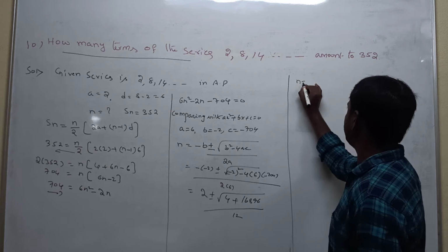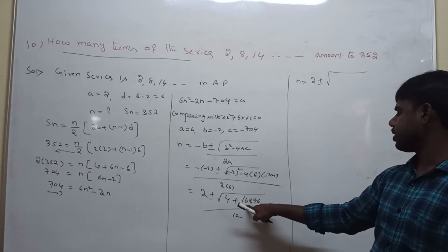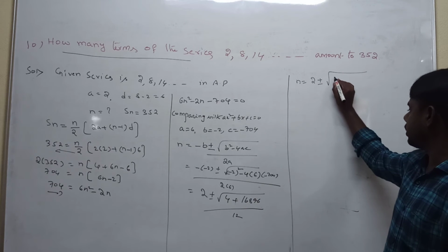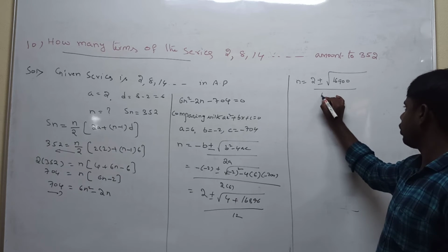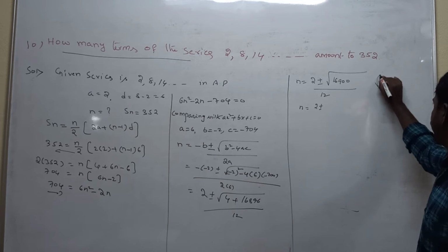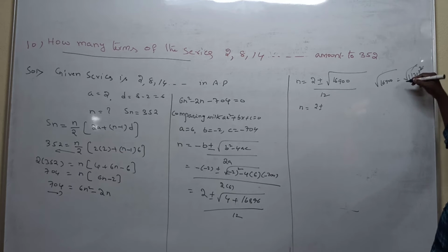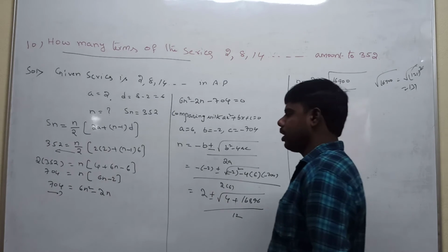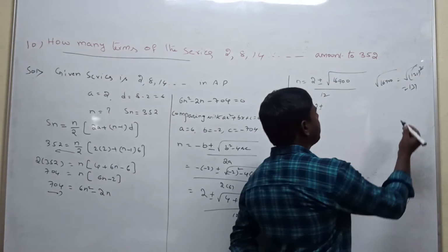Now n is equal to 2 plus or minus square root of 4 plus 16,896, which is 16,900, divided by 12. So n is equal to 2 plus or minus root 16,900. The value is 130, not 131.